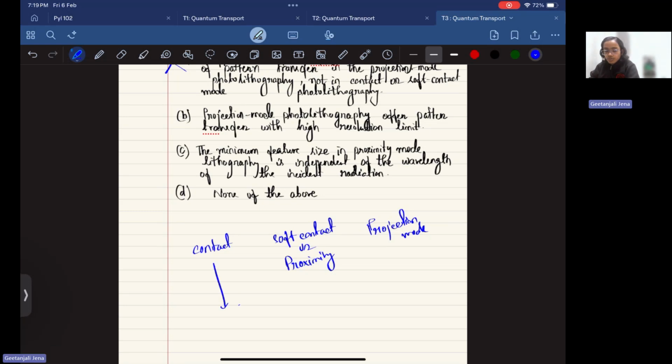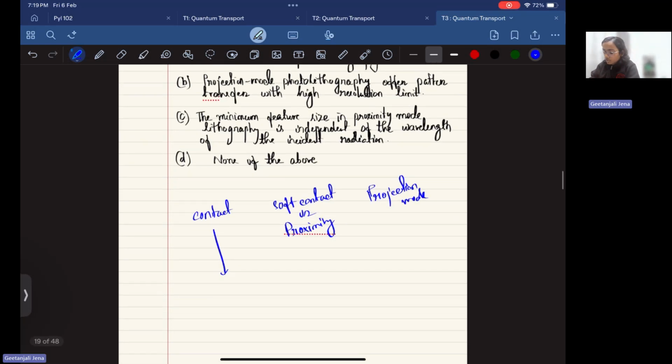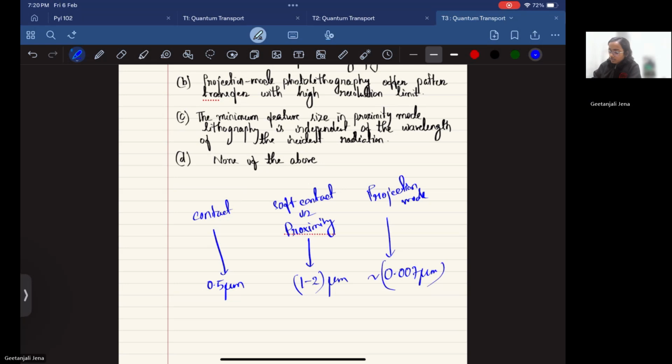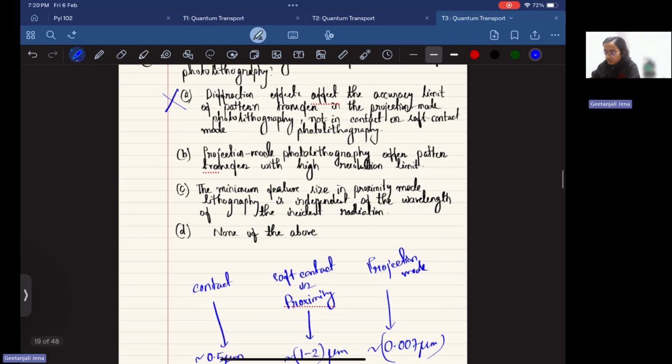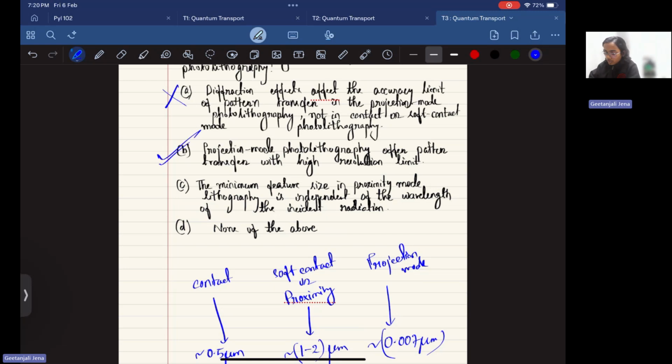For the contact mode, we have the resolution limit on the order of 0.5 micrometer. For soft contact, it is on the order of 1 to 2 micrometer. And for projection mode, it is on the order of 0.007 micrometer. So that means when we do the pattern transfer, the resolution will be higher in projection mode. So it seems option B is the correct one.